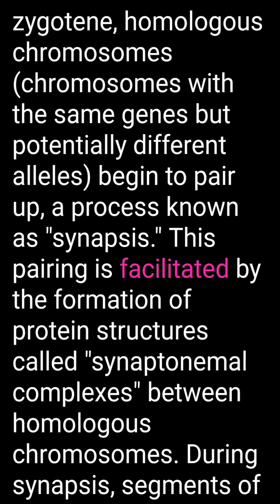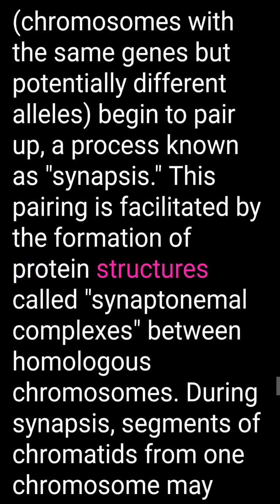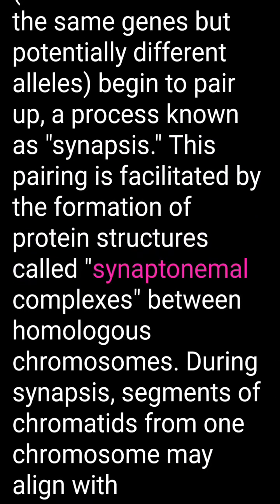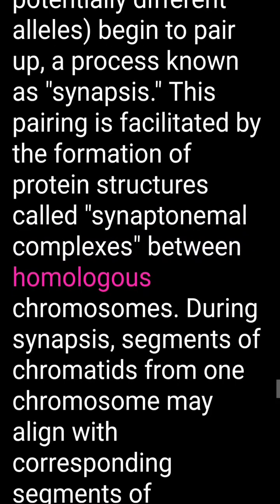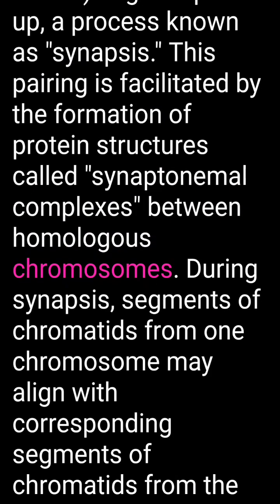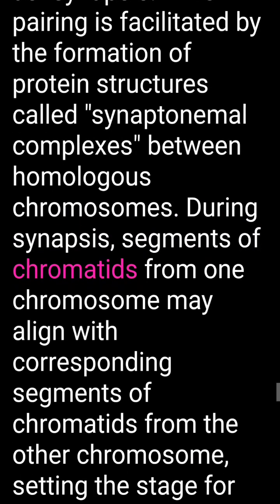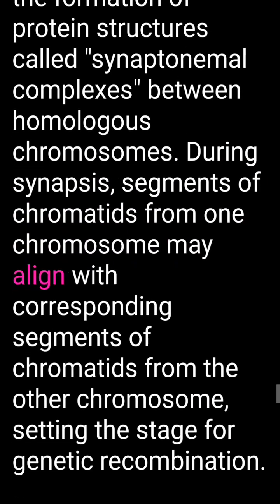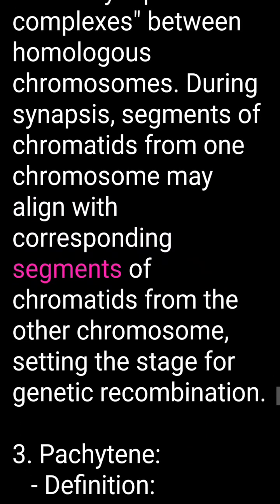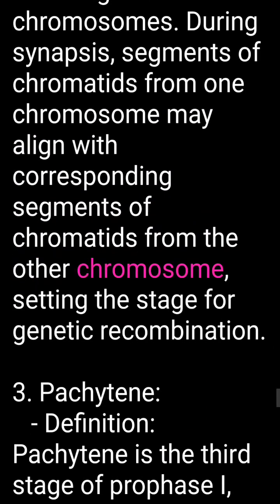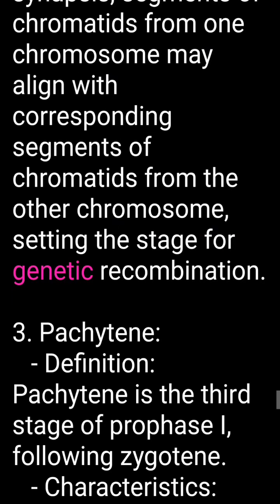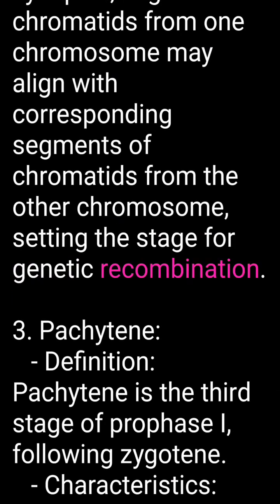This pairing is facilitated by the formation of protein structures called synaptonemal complexes between homologous chromosomes. During synapsis, segments of chromatids from one chromosome may align with corresponding segments of chromatids from the other chromosome, setting the stage for genetic recombination.